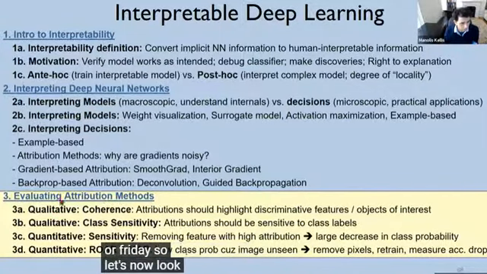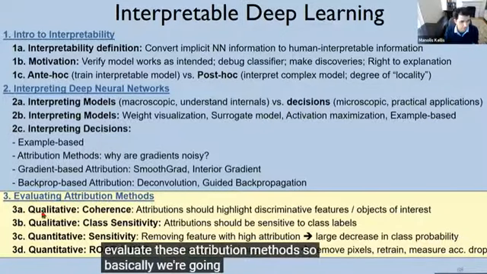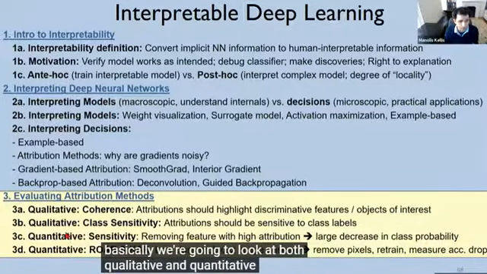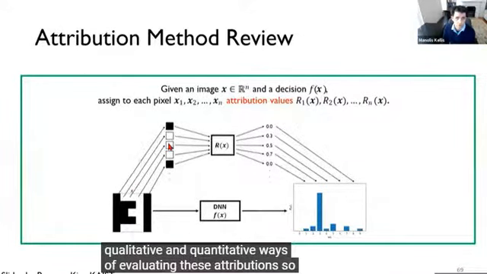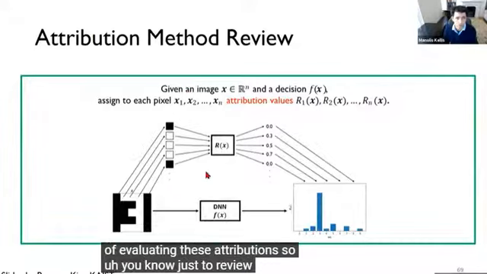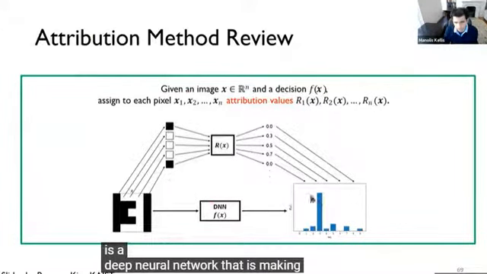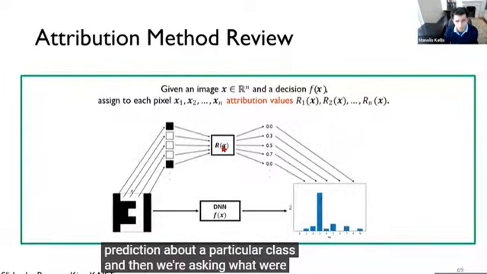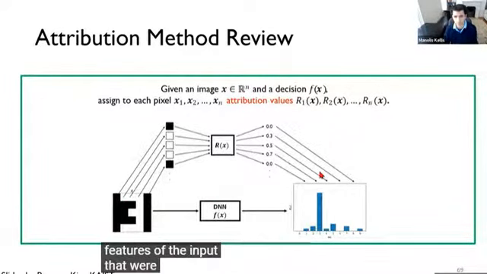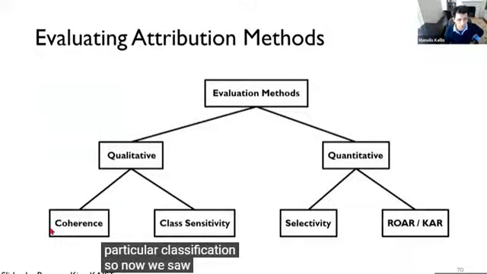So let's now look at how we can actually evaluate these attribution methods. We're going to look at both qualitative and quantitative ways of evaluating these attributions. Just to review, we have a deep neural network that is making a prediction about a particular class, and then we're asking what were the features of the input that were responsible for that classification.